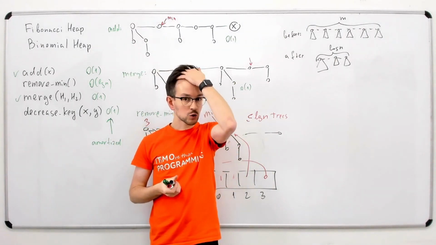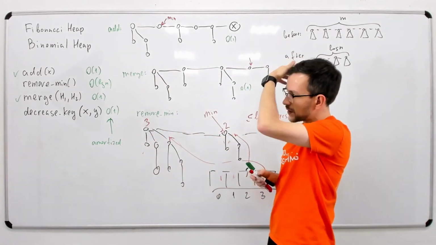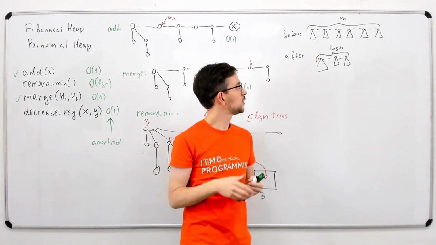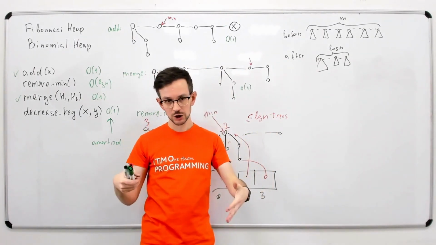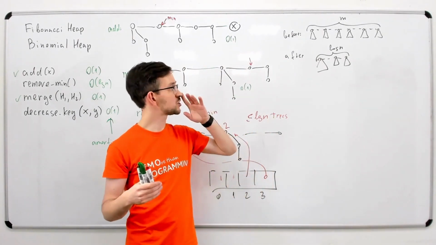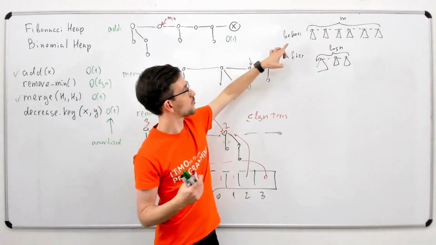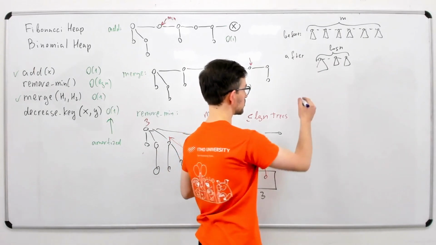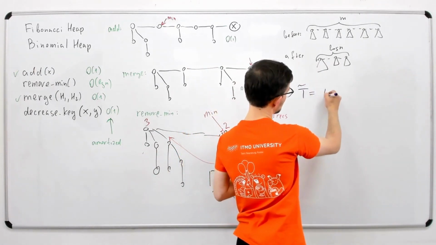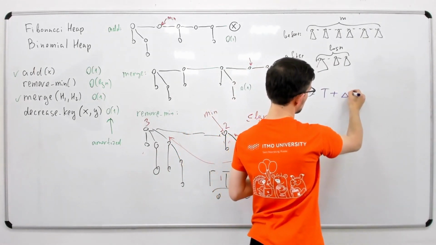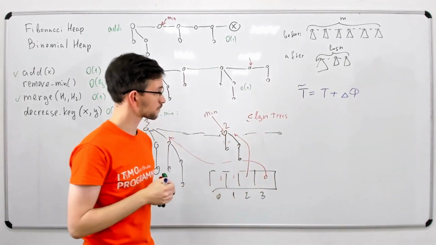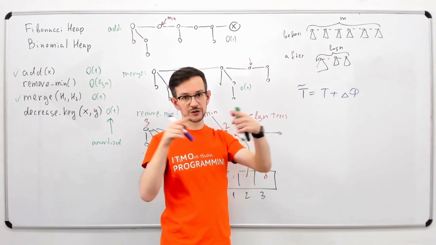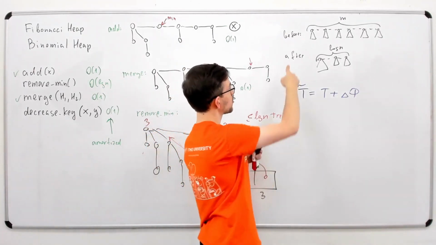So to prove that the amortized cost is small, we need to find some potential function which decreases when we go from here to here. Let's remember what the amortized cost is. Amortized cost is the real cost plus the change of the potential. The real time of this operation, in our case, is m.